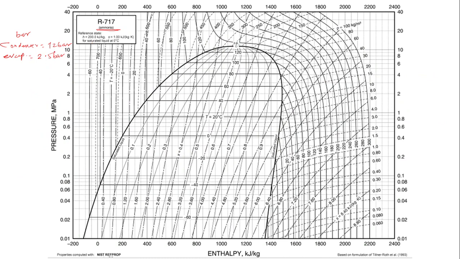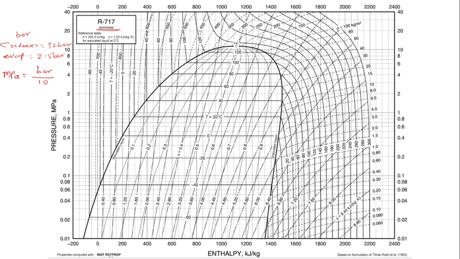So we need to convert this 12 bar and 2.5 bar first into MPa, and the conversion is very easy. MPa is equal to the bar value divided by 10, as simple as that.